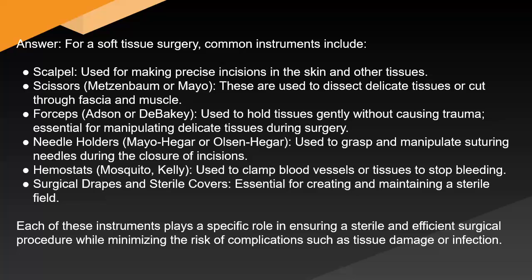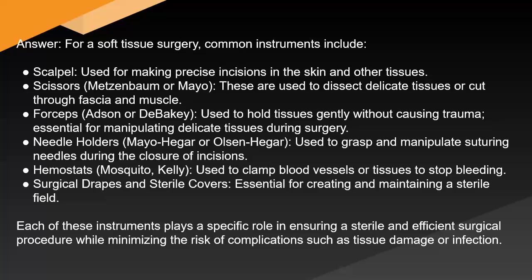Answer: for a soft tissue surgery, common instruments include scalpel, used for making precise incisions in the skin and other tissues; scissors, Metzenbaum or Mayo. These are used to dissect delicate tissues or cut through fascia and muscle. Forceps, Adson or DeBakey, used to hold tissues gently without causing trauma, essential for manipulating delicate tissues during surgery.